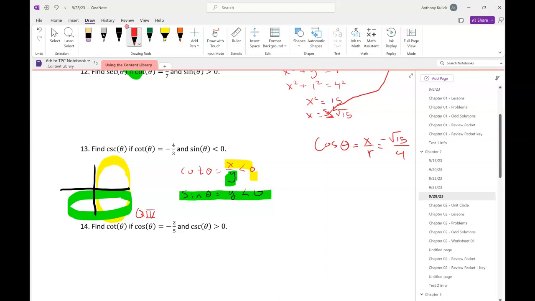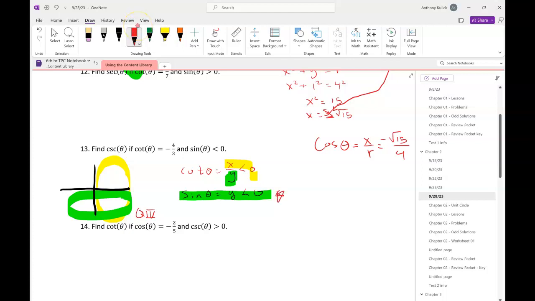Wait, how did you determine the second? The yellow? Yeah. Well, if I look at cotangent theta, that's x over y. I know y is negative, so x over y can only be negative if x is positive. X is positive in quadrants 1 and 4. How do you know the y is negative?